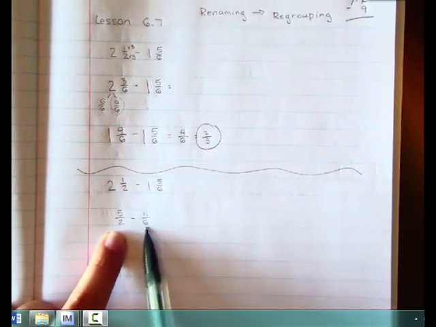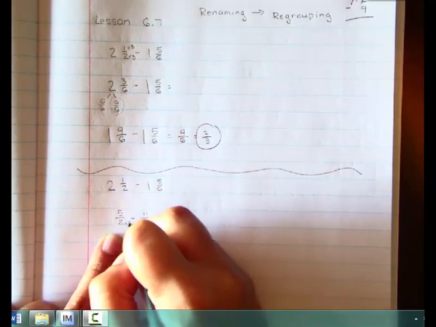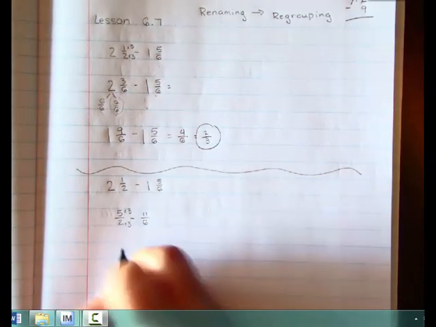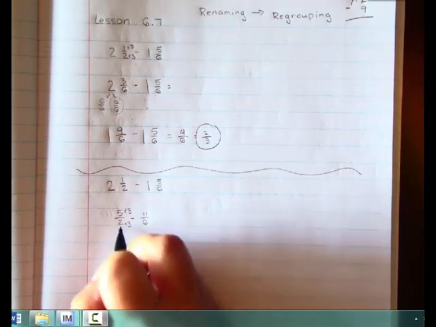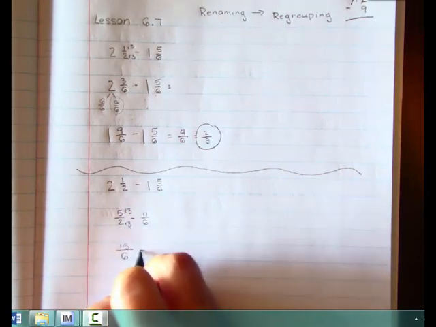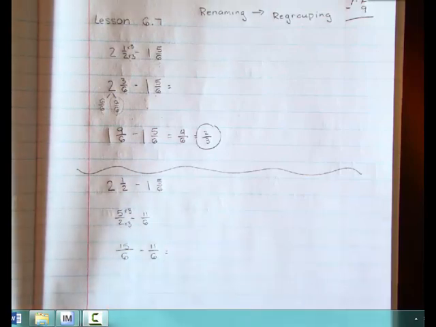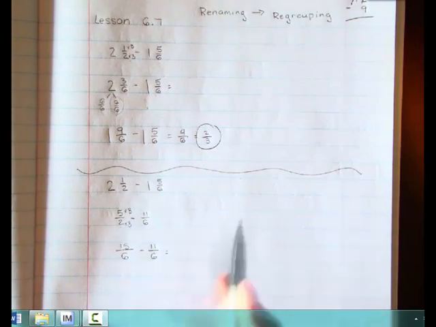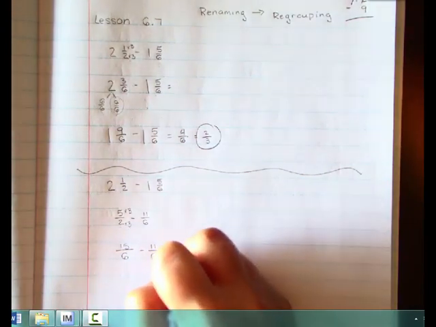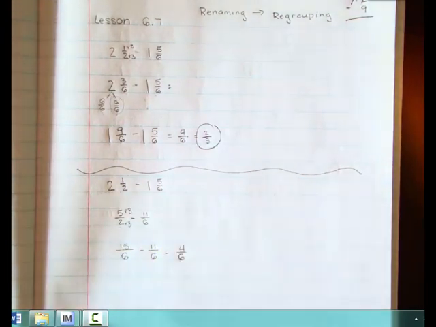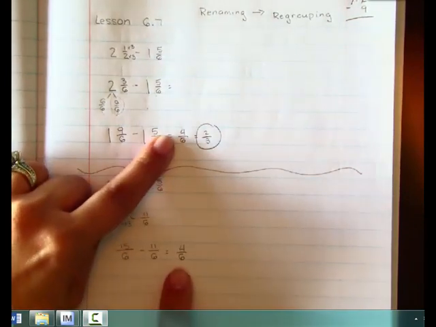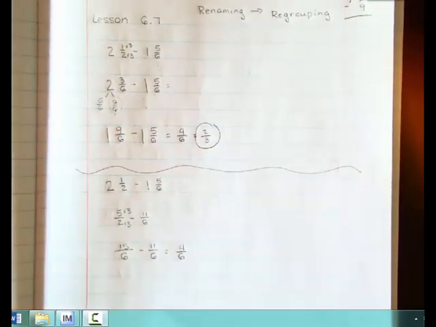Still have to find common denominators. Just like I did before, I'm going to use 6, so I know I have to multiply this by 3. 5 times 3 is 15. 2 times 3 is 6. This fraction stays the same. And now I can just subtract straight across. 15 minus 11 is 4. Denominator stays the same. You're noticing at this point we have the same fraction.